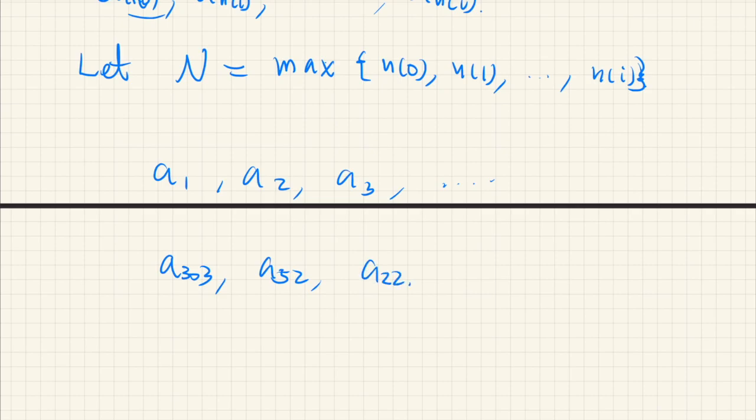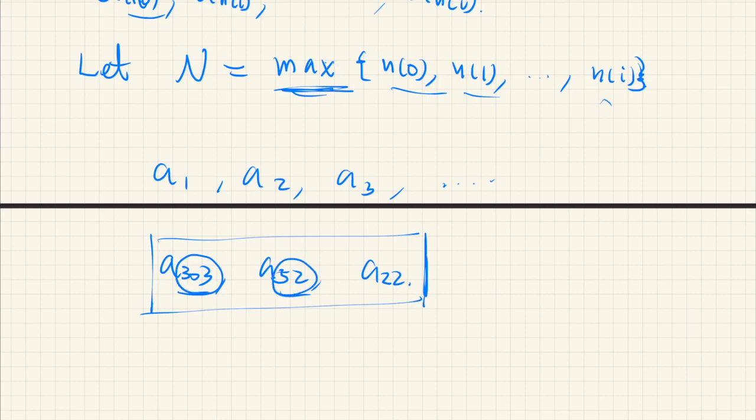So just take the first 3 terms in the permuted sequence. Then N is the maximum of these indices. In this case it will be 303.